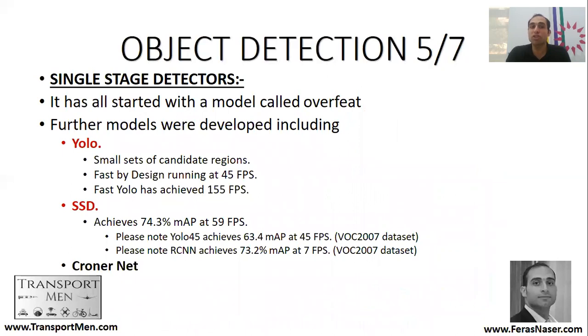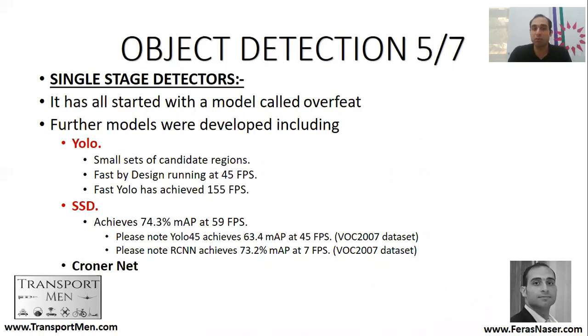Now let us talk about single-stage detectors. It started with a model called OverFeat. Then further models were developed, including YOLO. YOLO was a very famous model and made a big fuss on the internet. A PhD student at the University of Washington built this model, and it was a phenomenal success.